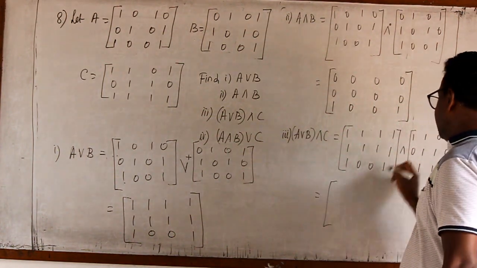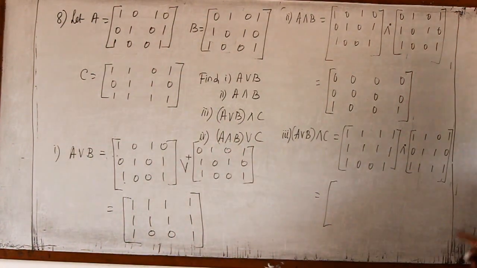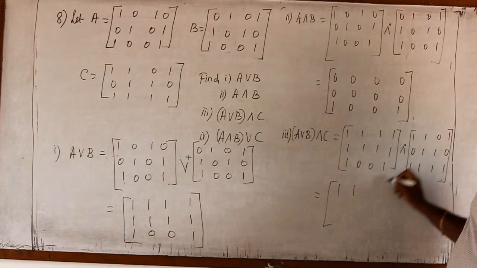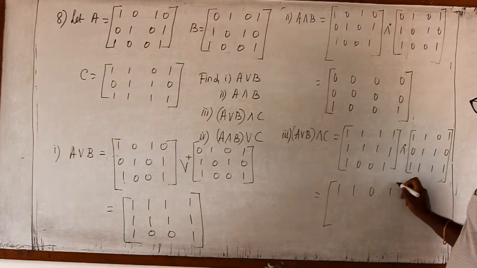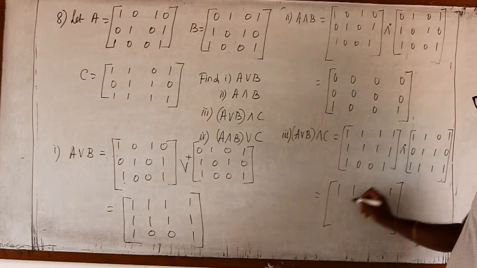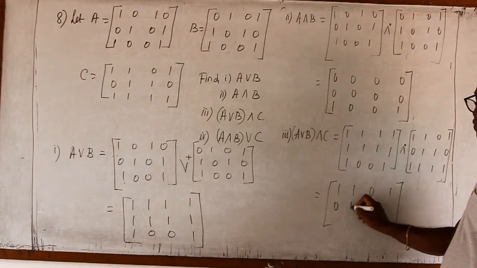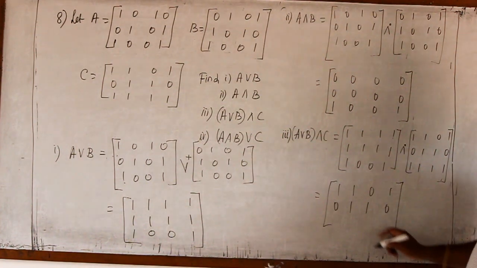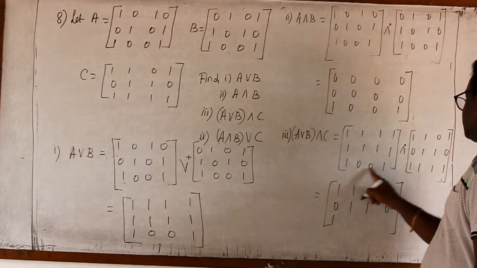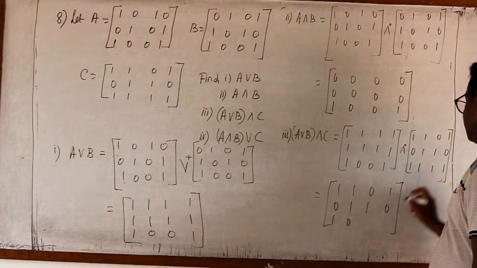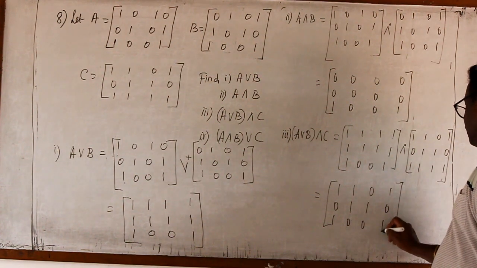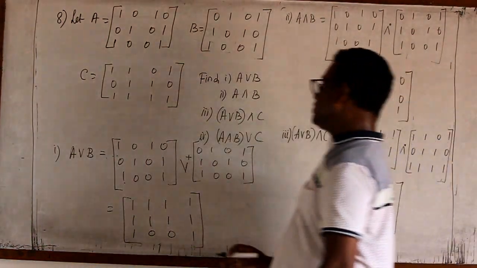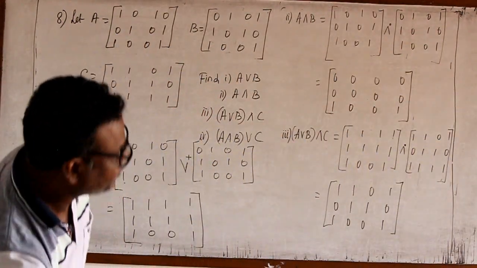We know conjunction means I have to multiply only the positions. 1 into 1 is 1, 1 into 1 is 1, 1 into 0 is 0, 1 into 1 is 1, and so on. So this is the third.